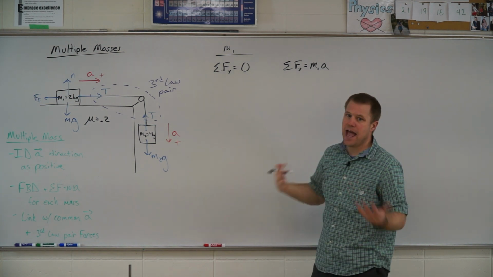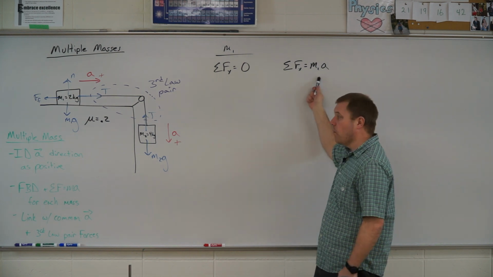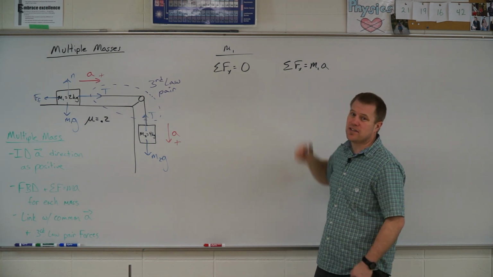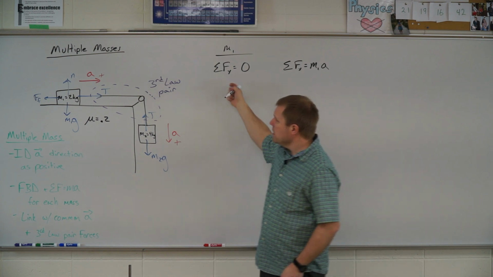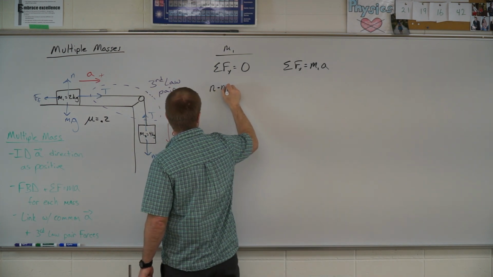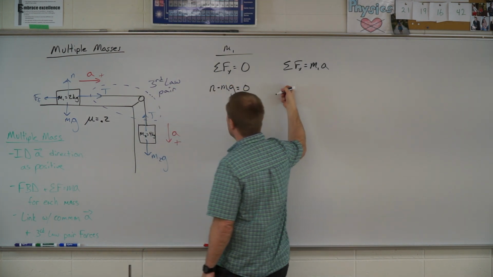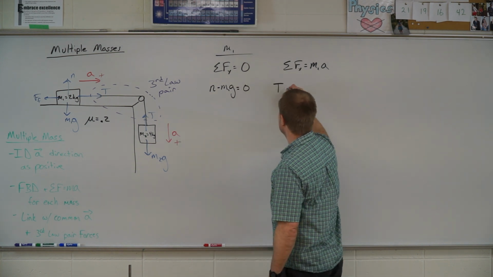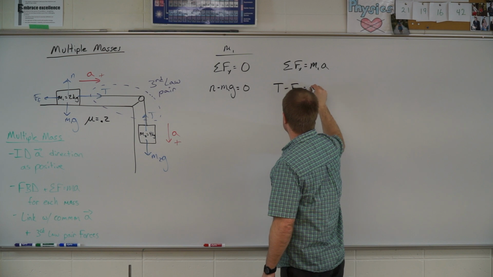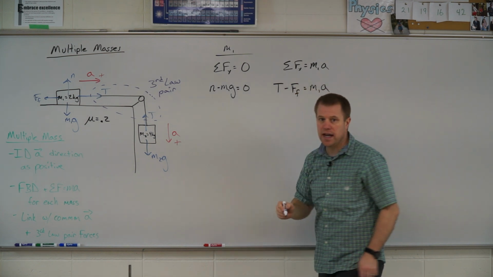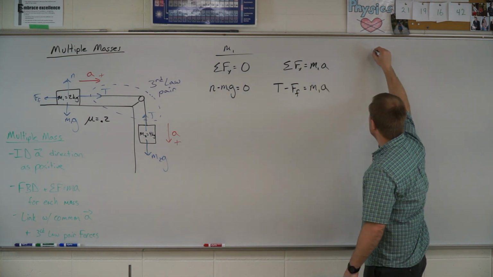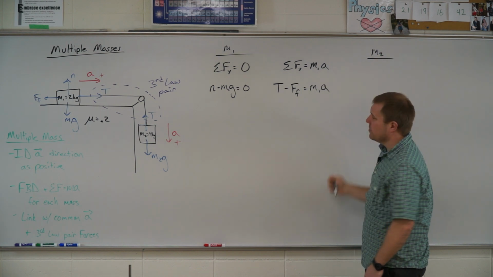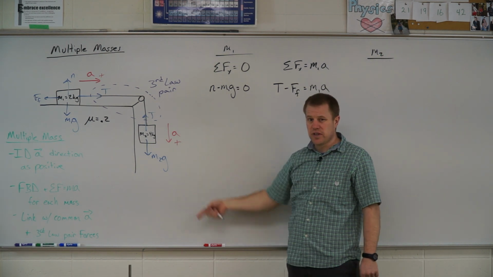We can't just write MA. We have to say whether it's M1A or M2A. In my y direction, I have normal force minus M1G equals 0. In my x direction, to the right is positive, so I have tension minus force of friction equals M1A.